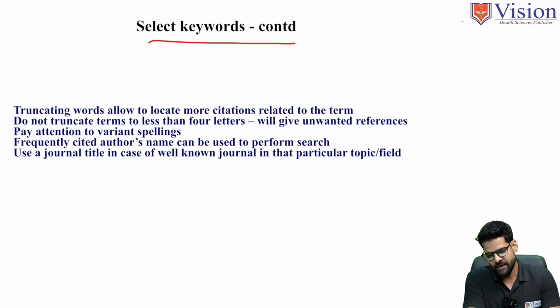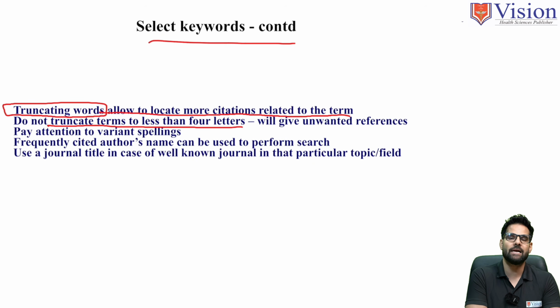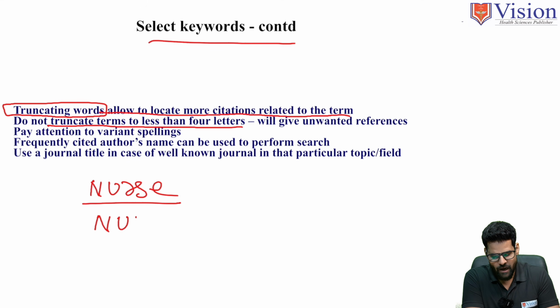Then in these keywords there is another term, truncation. Truncation is also allowed to locate the major citations related to the term. Do not truncate terms of less than 4 letters. You might have seen that in Google also. Suppose I have to conduct a research among the nurses, I just write NUR.